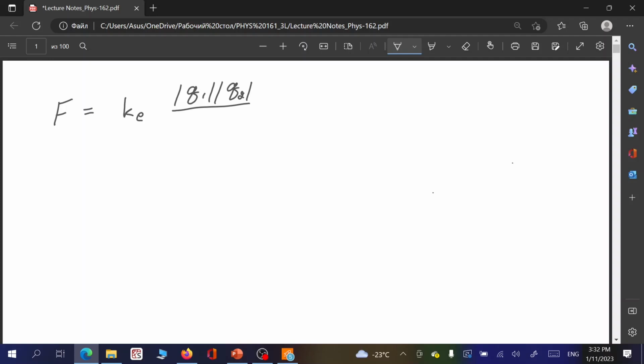So the electric force is proportional to the product of the electrical charges which are interacting with each other, and inversely proportional to the square of the distance between these two charges. So here is the radius squared.